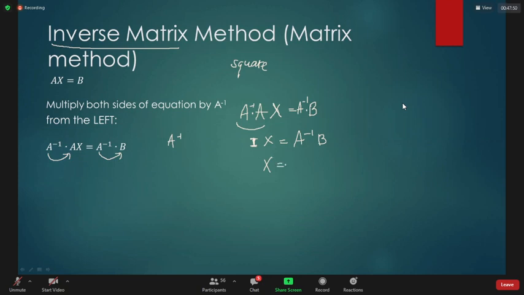And so the solution matrix can be found if you multiply A inverse from the left by the right-hand side column, and that's it.